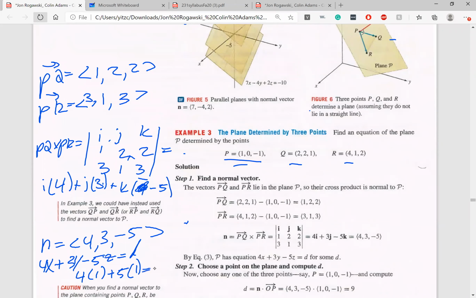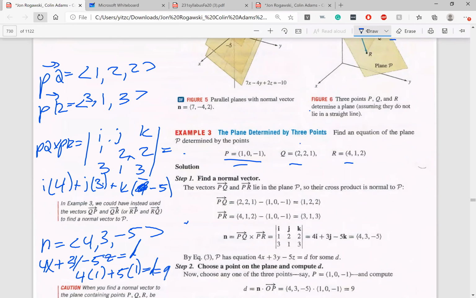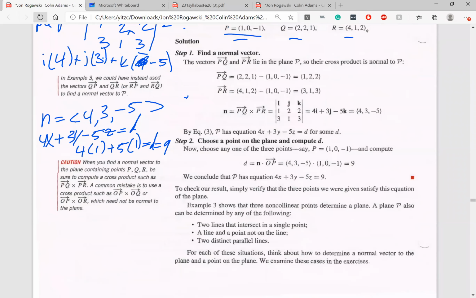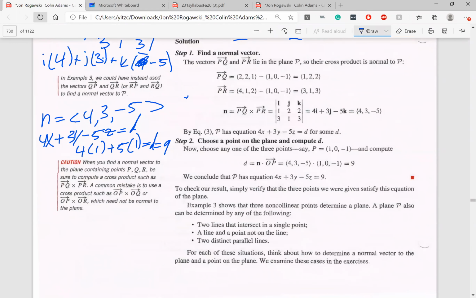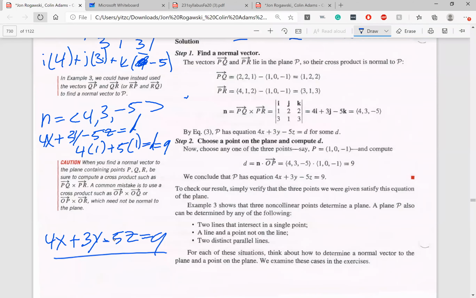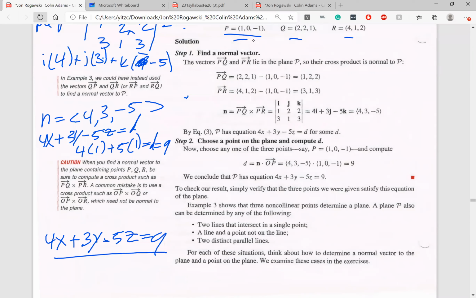This is equal to D, which is equal to 9. So that tells us that 4x plus 3y minus 5z is equal to 9, and this plane is the plane that contains these 3 points.